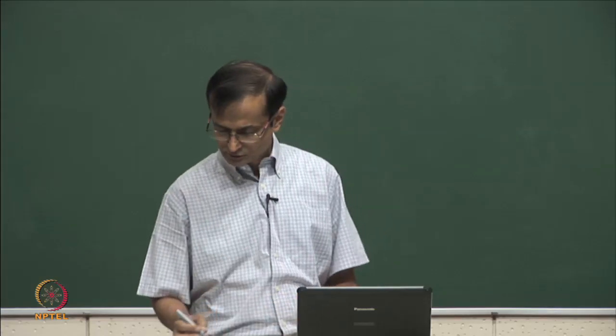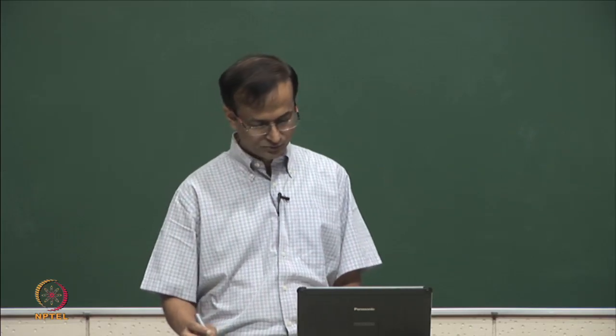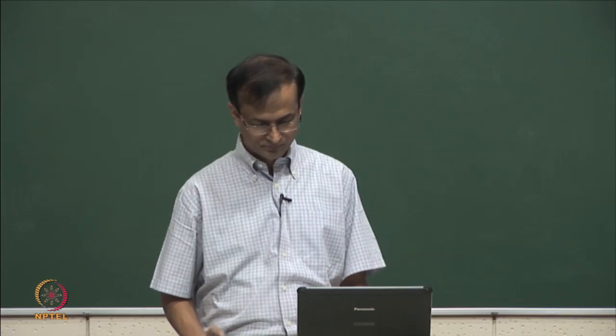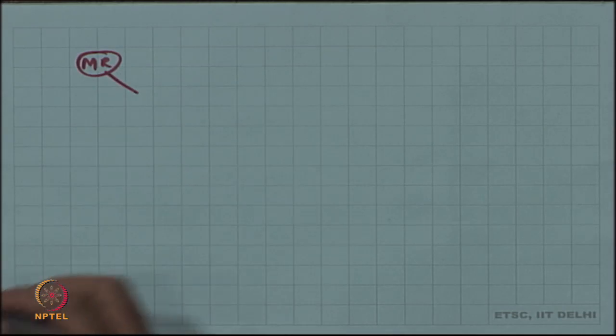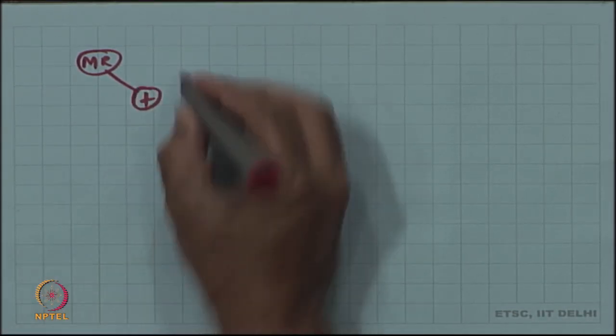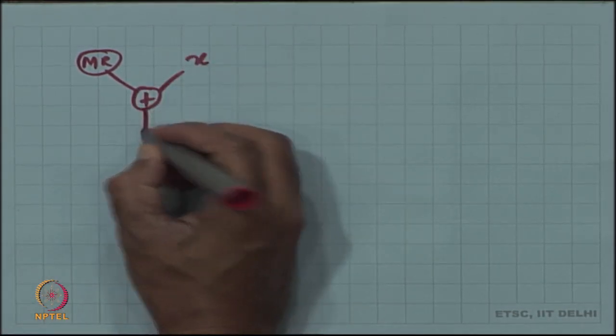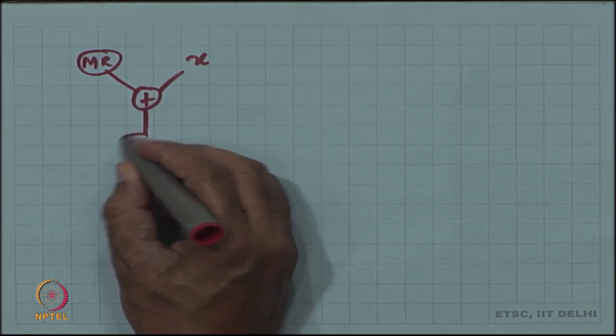Okay, but for the unrolled loop, what would the DFG look like? I still have my memory reads, I have the addition, I have the X, and I have the memory write.